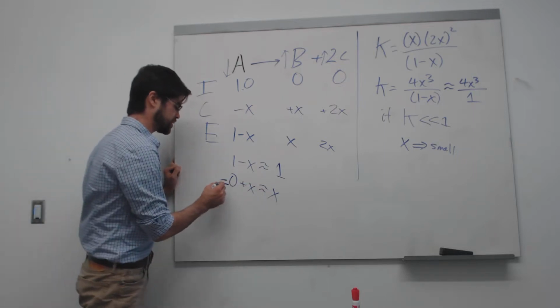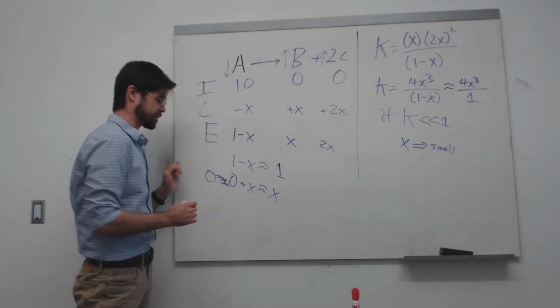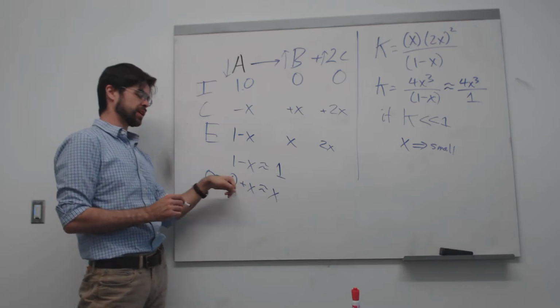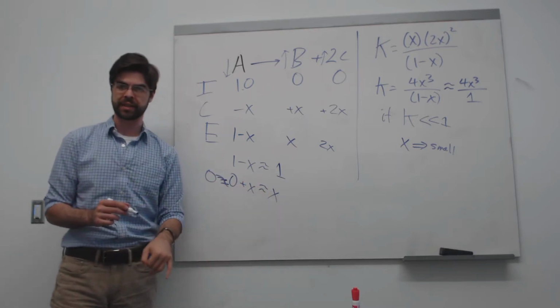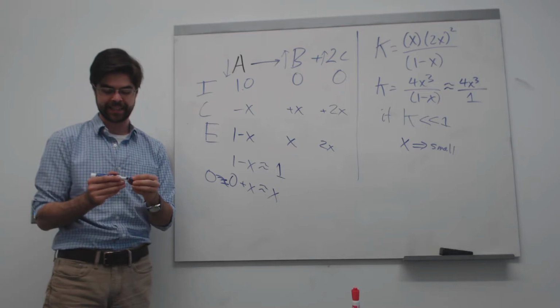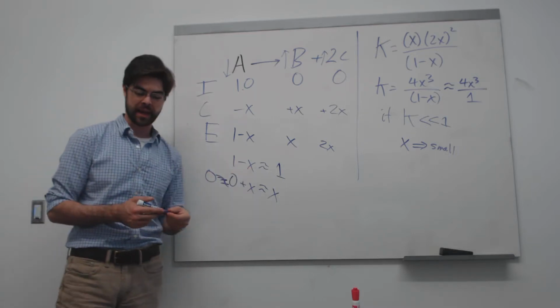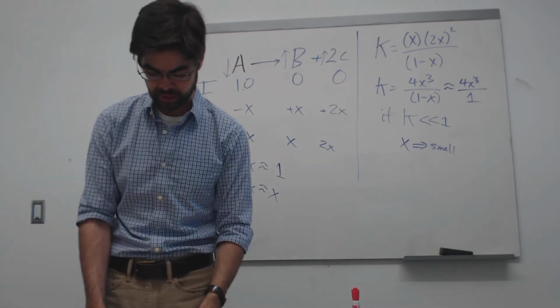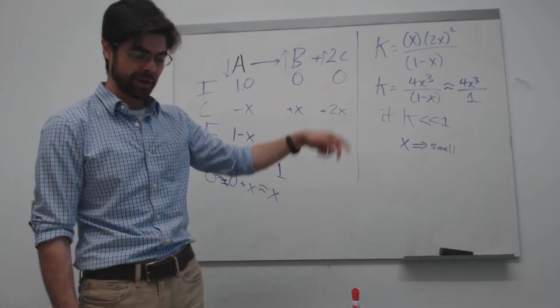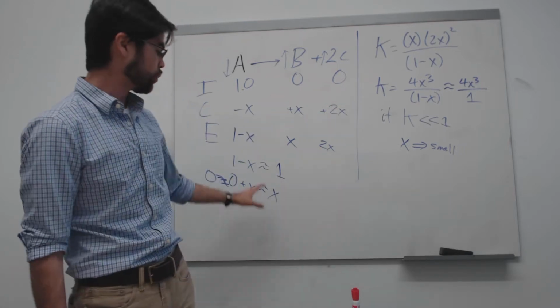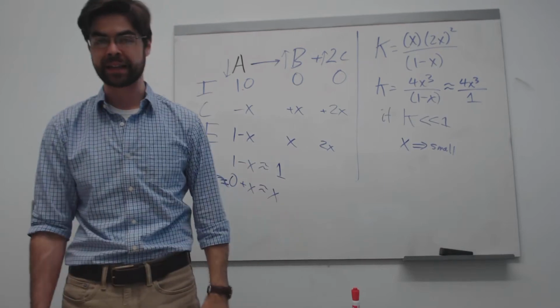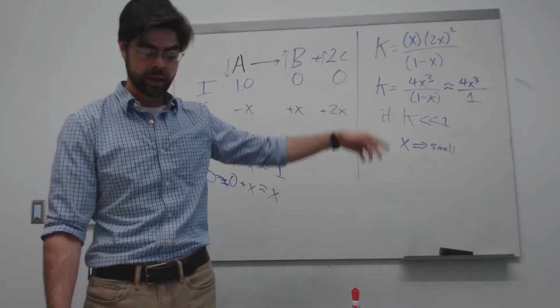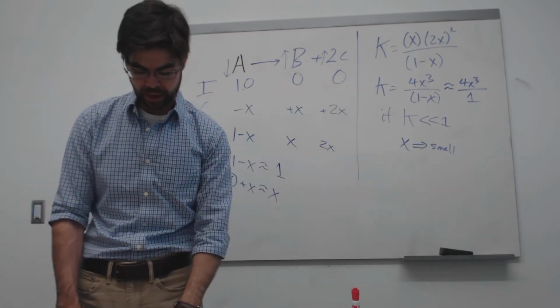You shouldn't say this is approximately equal to 0. You should say 0 plus x is approximately equal to x. And in fact, it's exactly equal to x. 1 minus x, if x is small, is approximately equal to 1. So that's essentially why you don't just completely neglect x in the numerator, but you can neglect it in the denominator.